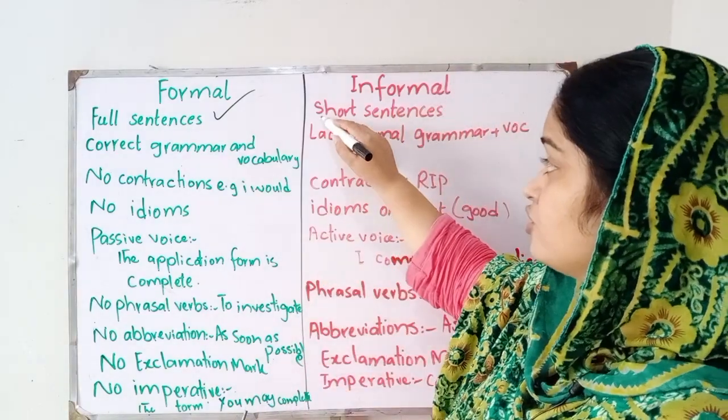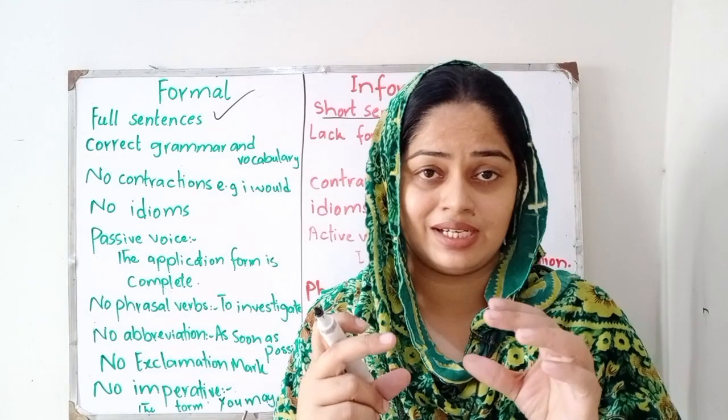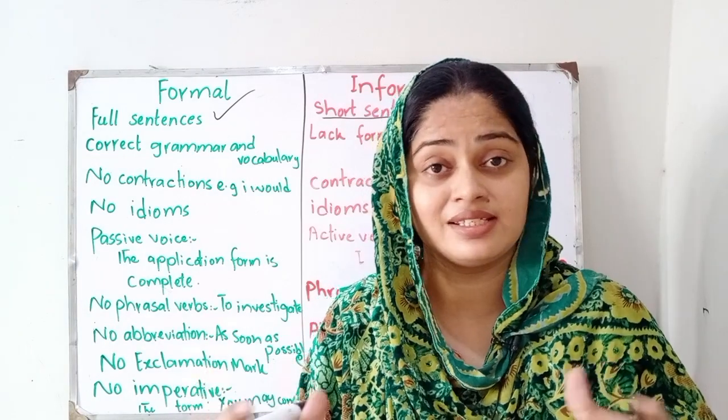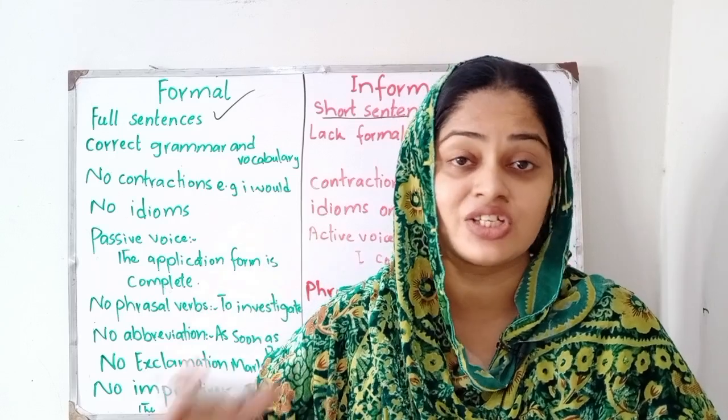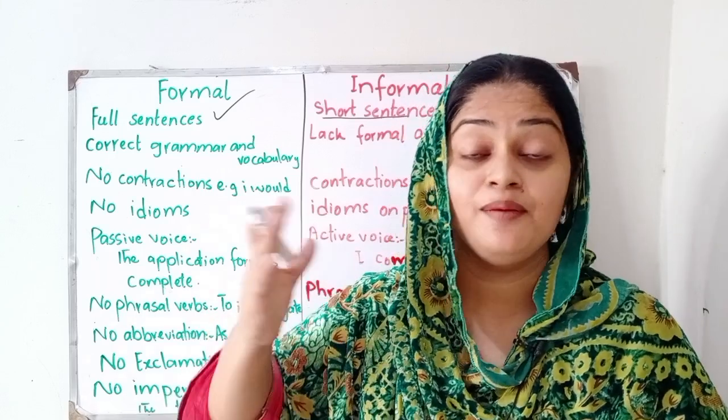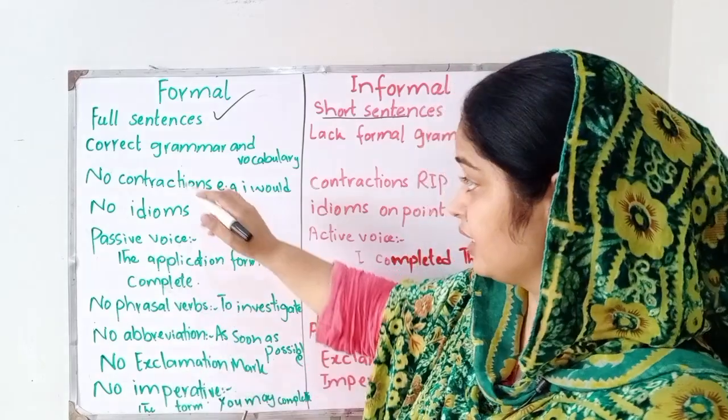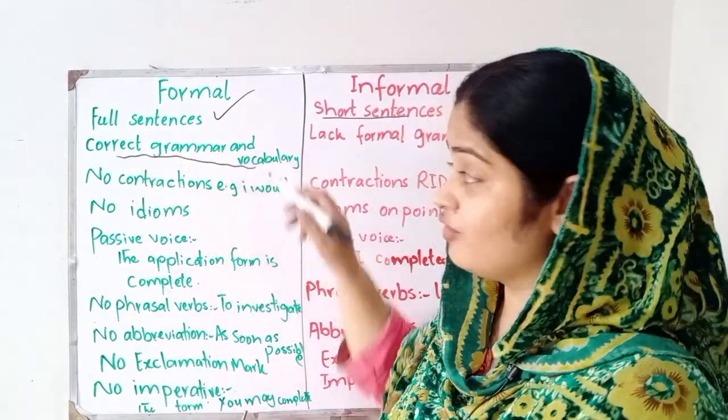In formal English, you are supposed to use full sentences, not short ones. Incomplete sentences can be used in informal English, in an informal setting, in basic English. Correct grammar and vocabulary.